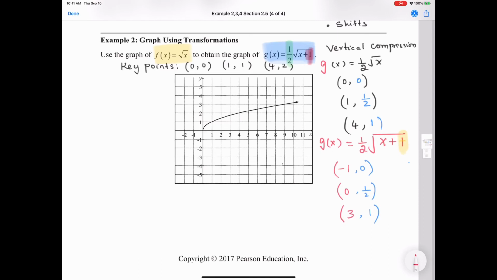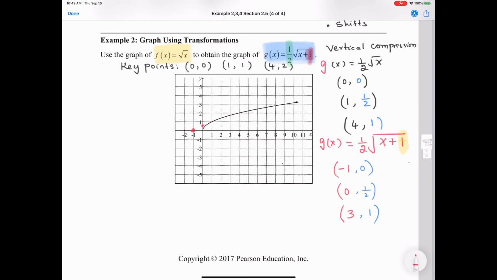So these are the points of the transformed graph. This point 0, 0 will now become negative 1, 0. This point 1, 1 will now become 0 and a half, so somewhere there.